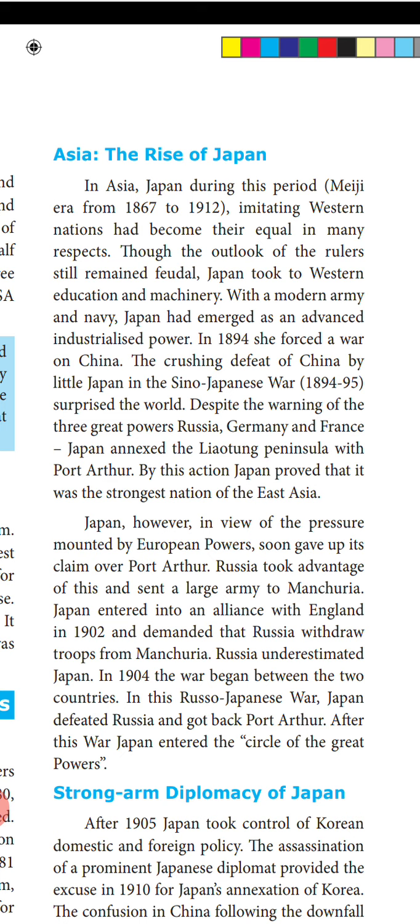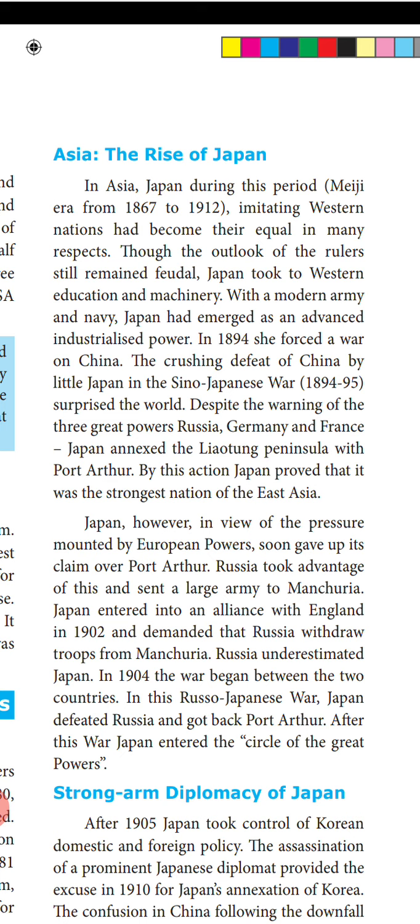Russia took advantage of this and sent a large army to Manchuria. Japan entered into an alliance with England in 1902 and demanded that Russia withdraw troops from Manchuria. Russia underestimated Japan. In 1904, the war began between the two countries.